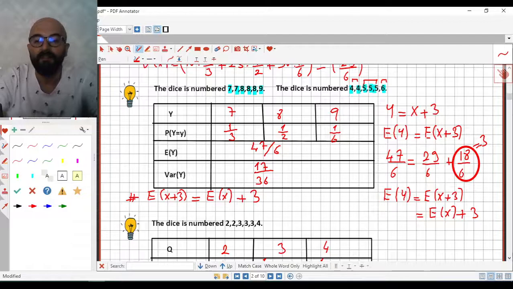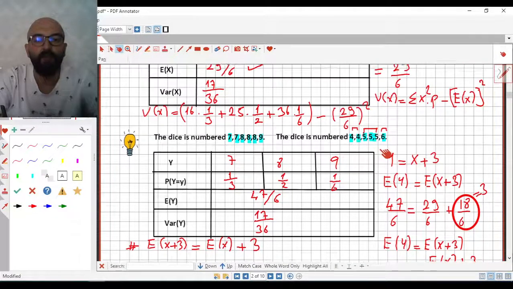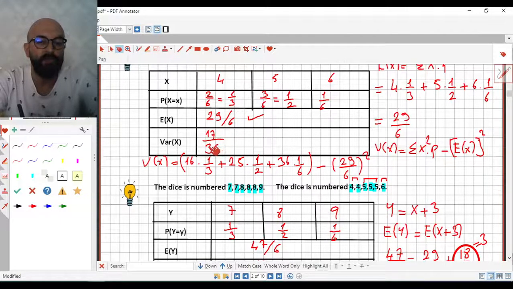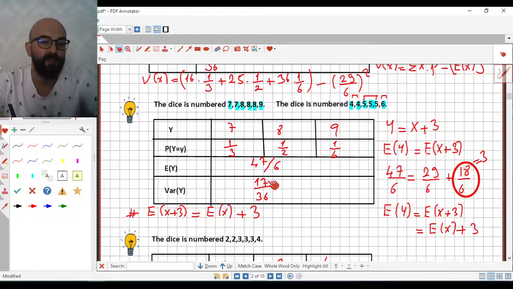Okay, and if you notice the variance value, in the first situation our variance is 17 over 36, and in the second situation our variance value is the same. So if we add any number to x, the variance doesn't change.